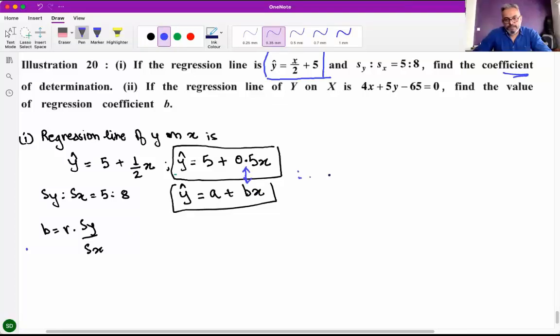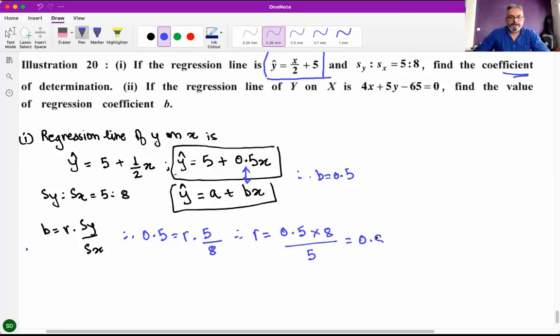So b is equal to 0.5. So over here 0.5 is equal to r into s of y upon s of x is 5/8. Therefore, r is equal to cross multiply 0.5 into 8 upon 5, which is equal to 0.8. So we get r is equal to 0.8.